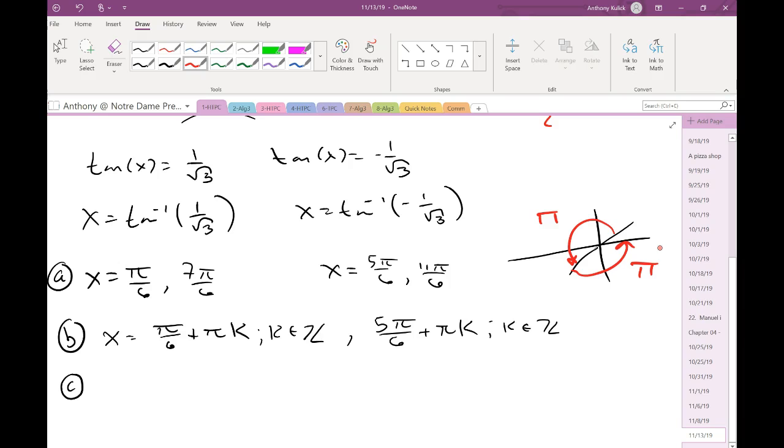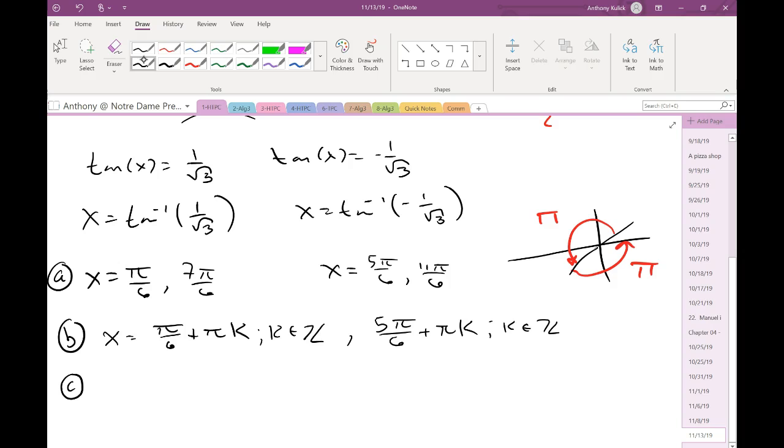Because remember the fundamental period for tangent is pi rather than 2 pi. So it's not wrong what you had written if you did 2 pi k's after each of them, Ann. We can just write it a little bit simpler. So it's like not reducing a fraction or something. It's not like you've given the wrong answer. It's just not the simplest answer you could have given. Okay with that?